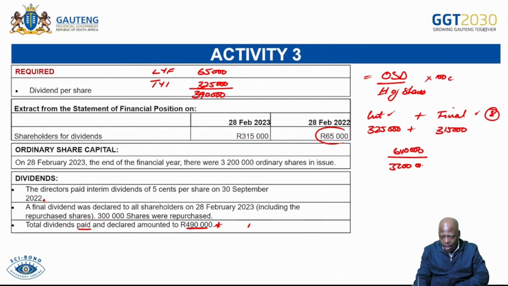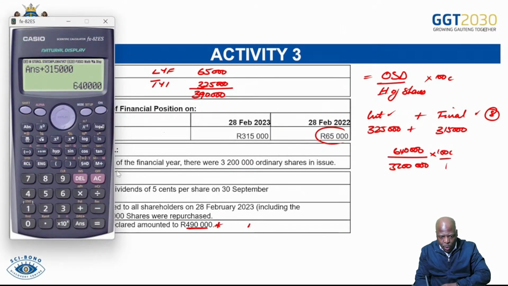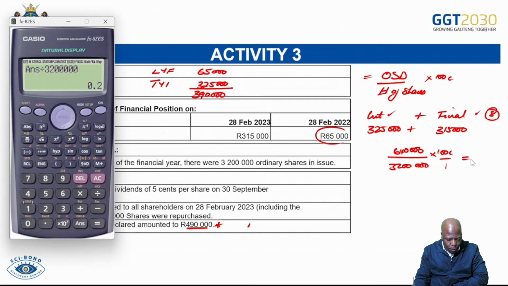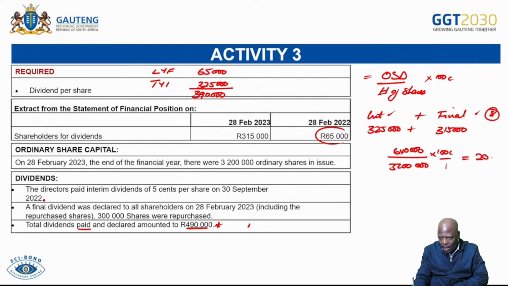You multiply by 100 cents. 640,000 divided by 3.2 gives 0.2. Multiply by 100, then you get your 20 cents.